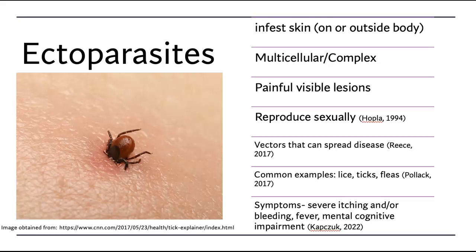So in a sense, it's kind of a suicide mission in order to reproduce. There are also some ectoparasites that have vectors capable of spreading diseases. A few examples would be ticks, which can transmit Lyme disease, and fleas, which can transmit the bubonic plague.